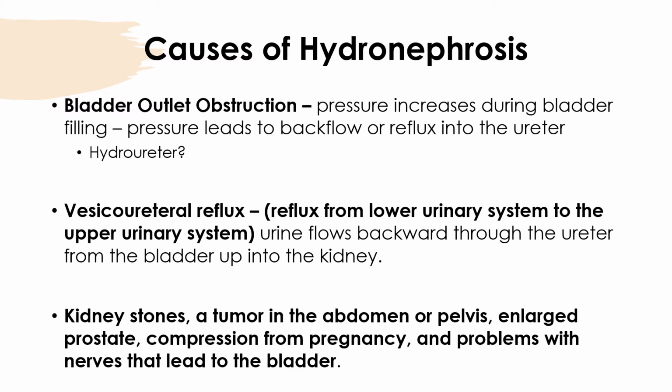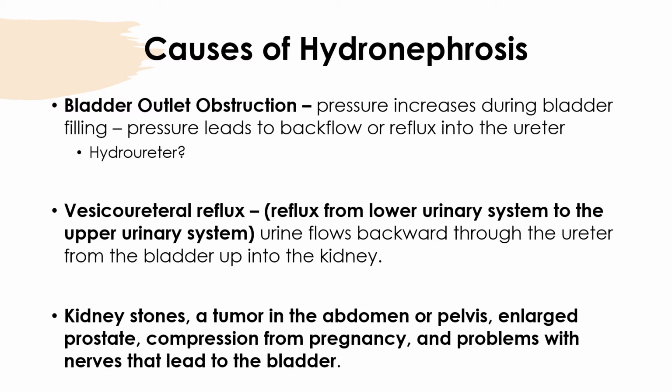And then we have vesicoureteral reflux, and this is actually a reflux from the lower urinary system to the upper urinary system. So the urine, again, is flowing backwards through the ureter from the bladder up into the kidney. So they're very similar. Bladder outlet obstruction and vesicoureteral reflux are very similar in concept.